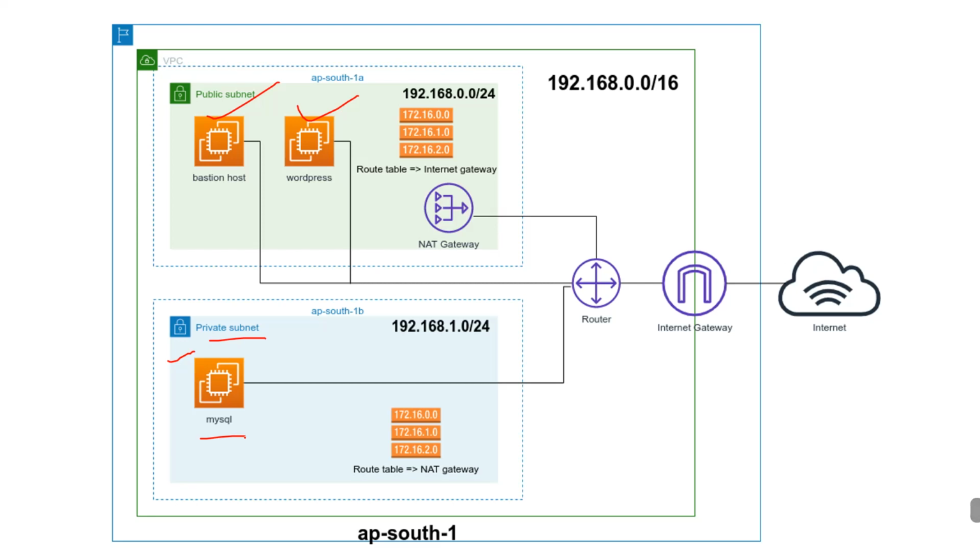But where does the NAT gateway come in, right? It comes in when we provide the internet only to the public subnet, but in the private subnet there is no internet connection and it will not access the internet.